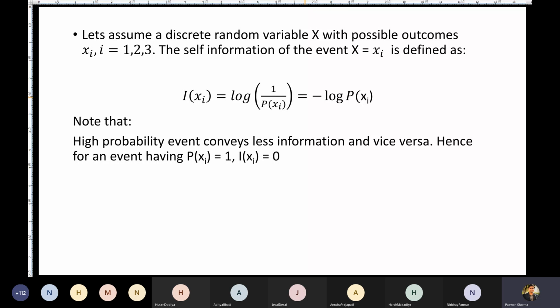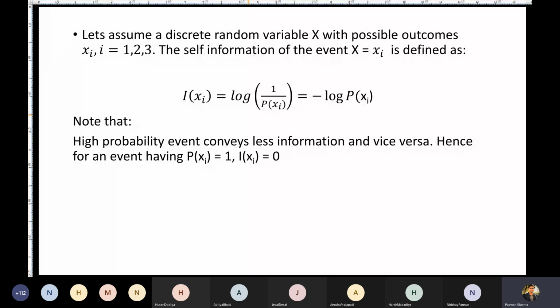Log 1 minus log p(xi), log 1 is 0, so this becomes minus log of p(xi). So the self information of the event X having xi value, it can be x1, it can be x2, it can be x3, is given by, the information is minus log probability.